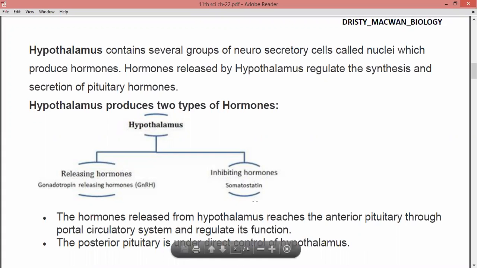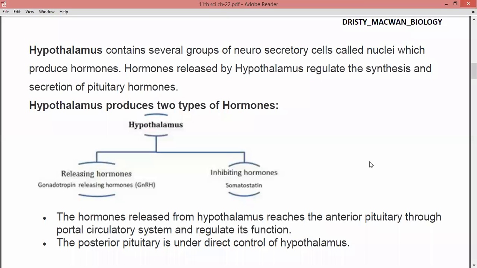The hormones released by the hypothalamus reach the anterior pituitary through the portal circulatory system and regulate its function. The pituitary gland possesses two parts, the posterior side as well as the anterior side.